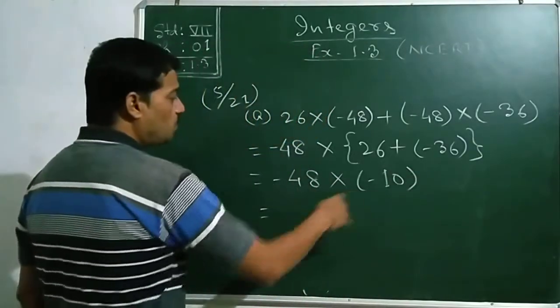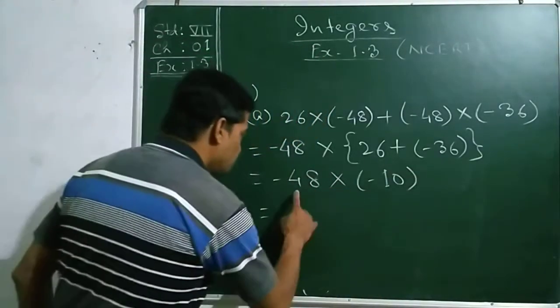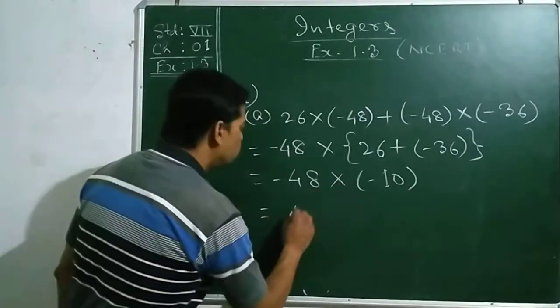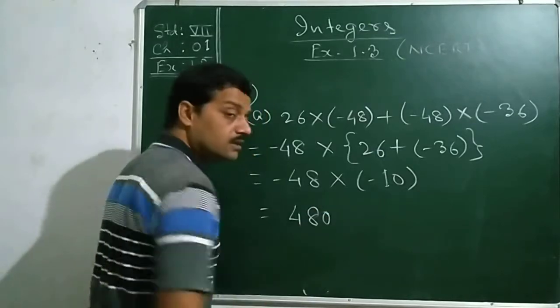The product of two negative numbers is positive, so we don't need to mention any sign here, and 480 is your answer.